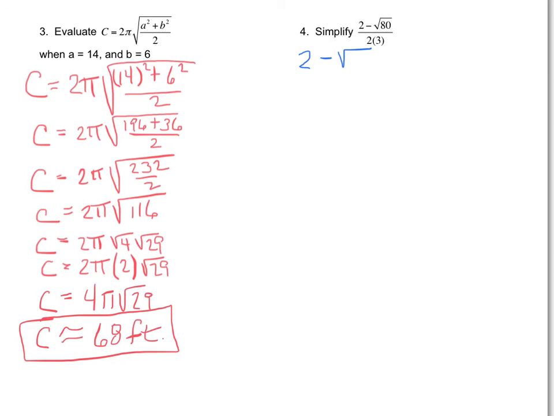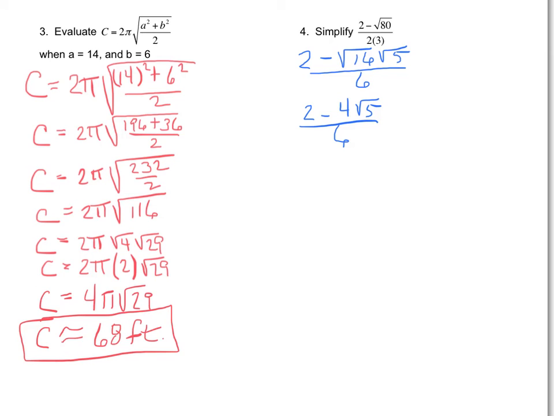I could focus on 8 and 10. We already did 16 and 5 and it worked out nicely. So let's just focus on that. I can combine the bottom to get 6. So I would have 4 square roots of 5 over 6.